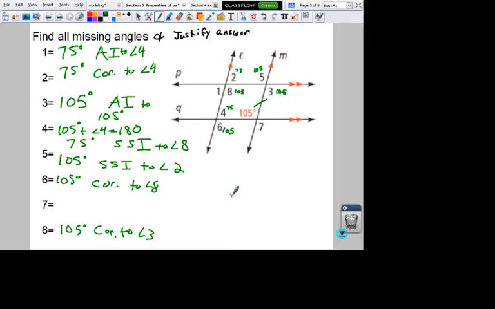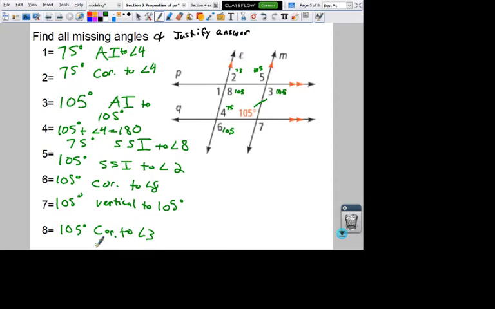And our last one, Mick, what is angle 7? 105? How do you know? Because it's vertical to 105? That's true. Or we could say because it's corresponding to angle 3 or to angle 6 or alternate exterior with angle 5.